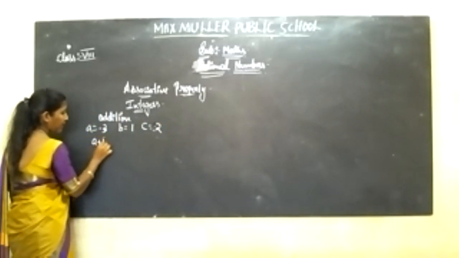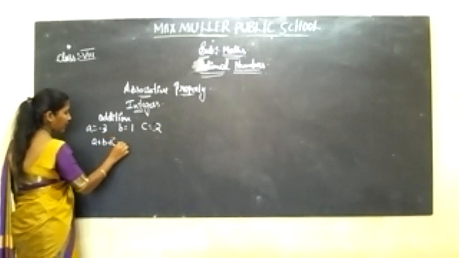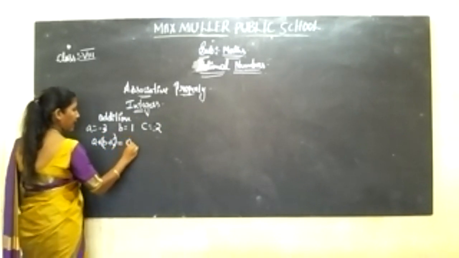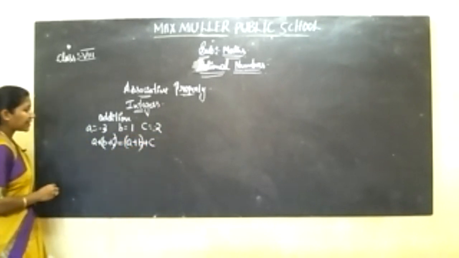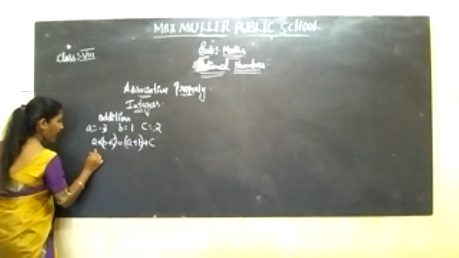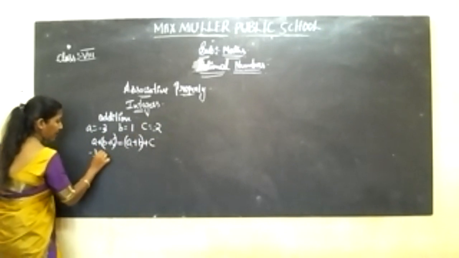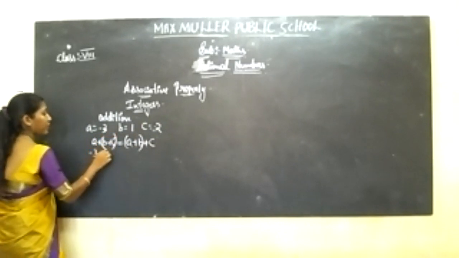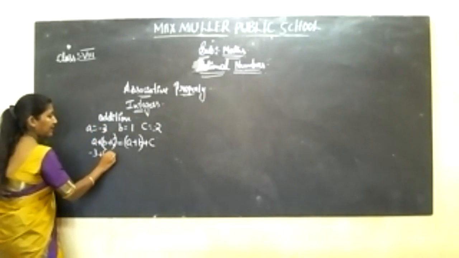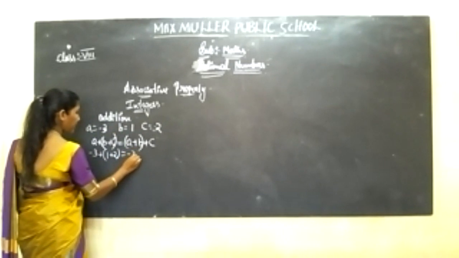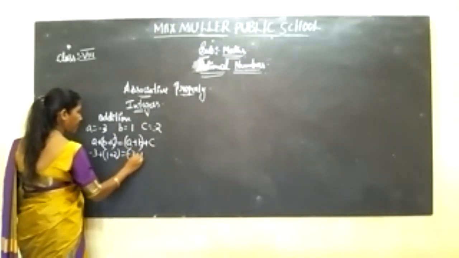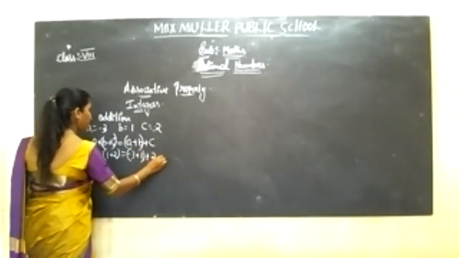(a plus b) plus c is equal to a plus (b plus c). Here the bracket comes, right? So in place of a you substitute -3, plus, in place of b you substitute 1, plus 2. Here also -3 plus 1 plus 2.